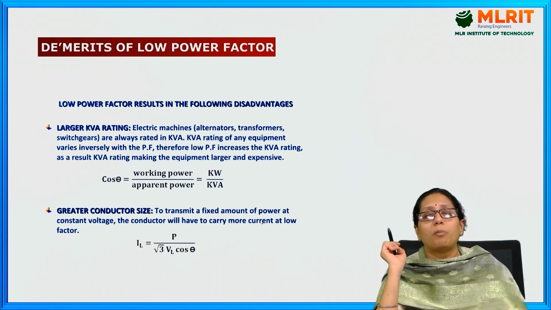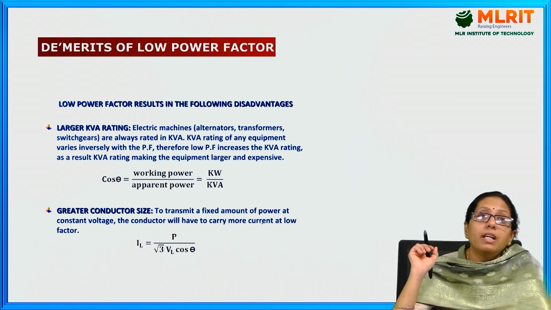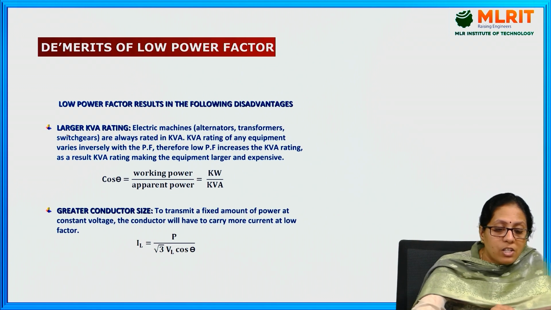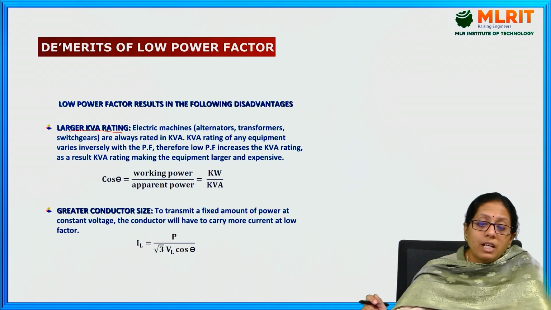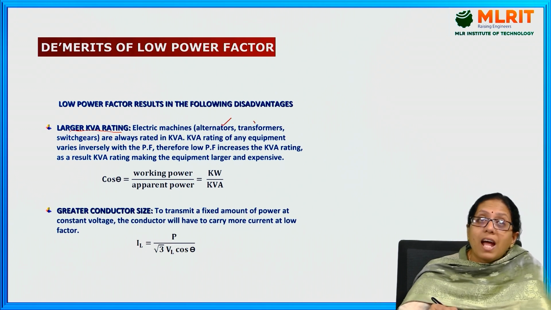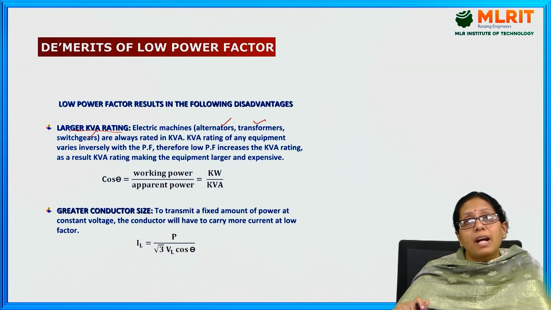Demerits of low power factors. So when the power factor is low, what happens? The first one is larger kVA rating. Electrical machines like alternators, transformers, switchgear are always rated in kVA, kilovolt-ampere.